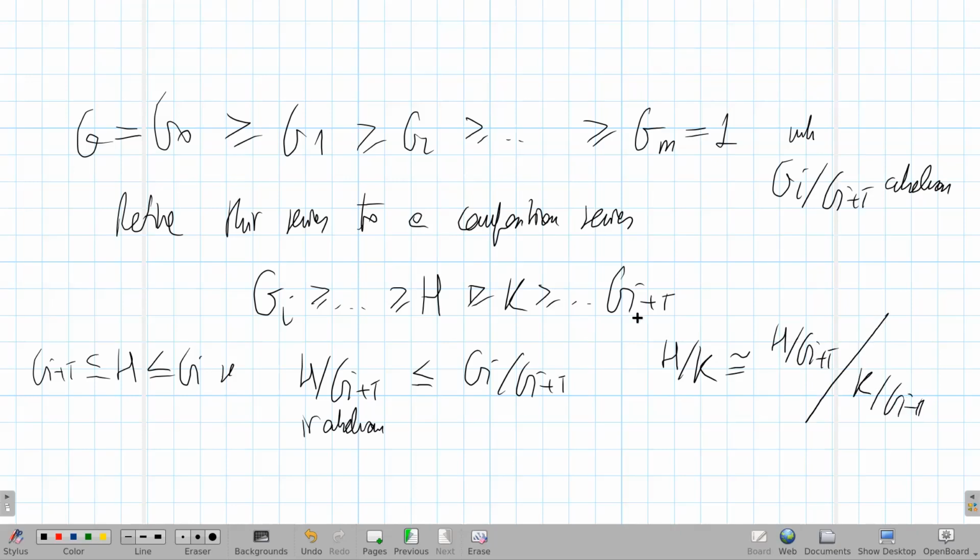Note that K also contains Gi+1. So the third isomorphism theorem tells you that here you can simplify the Gi+1. And so this is isomorphic to a quotient of an abelian group, so abelian, as a subgroup of an abelian group.